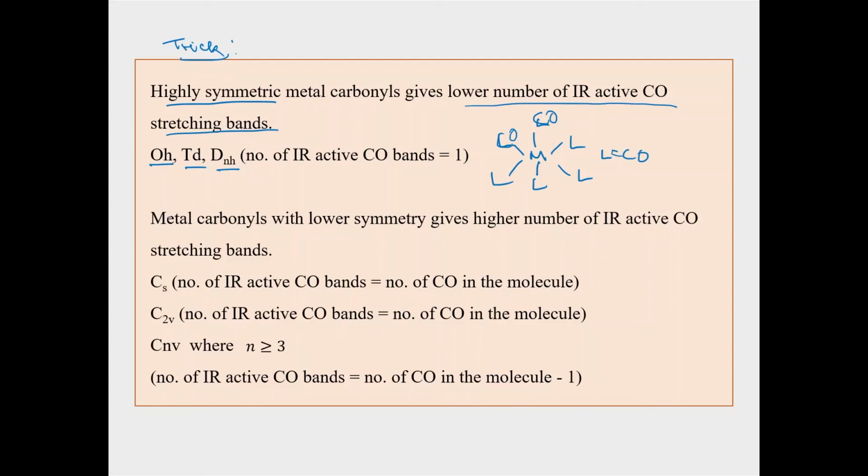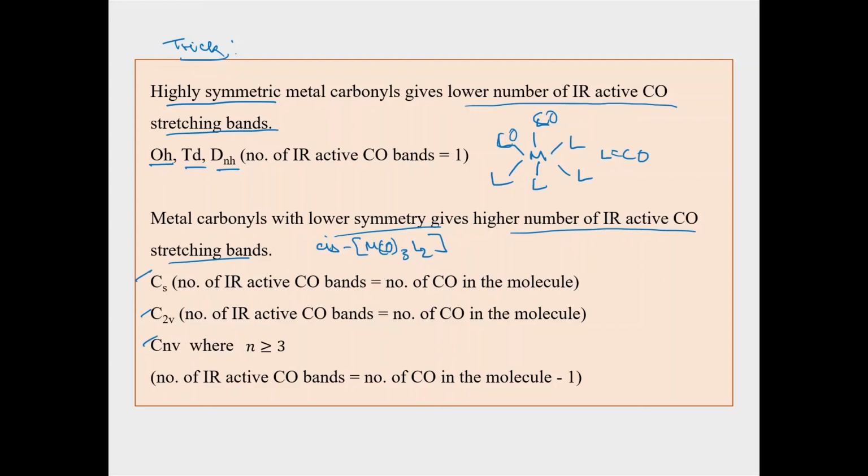Next, metal carbonyls with lower symmetry give a higher number of IR active CO stretching bands. So lower symmetry point groups are Cs, C2v or Cnv. For Cs, as we saw in the molecule given in the question, cis MCO3L2, the number of IR active CO bands is equal to the number of CO in the molecule.